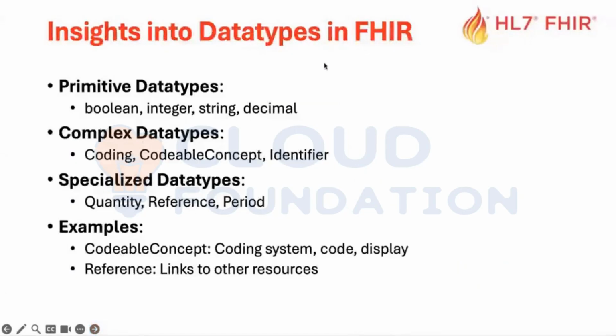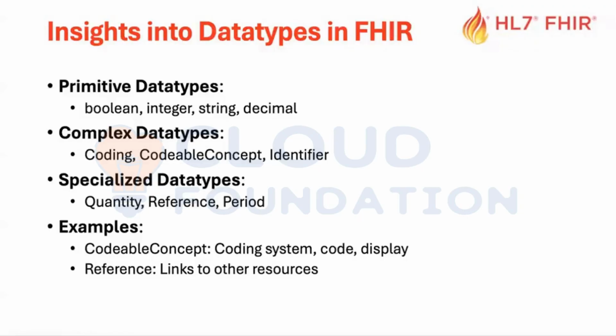Insights on data types in FHIR. Basically, we learned about the data types in FHIR as well. The data types are divided into some categories. Primitive data types come under the normal data types, that is Boolean, integer, string, decimal, float, etc. And there are some complex data types, that is coding, codeable concept, identifier, human name.